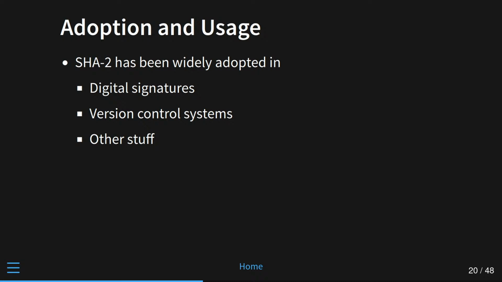The 2 things I'm going to point out that this has been used for in practice: when I taught SHA last time, it was in a Bitcoin class, so it's used in Bitcoin. I don't know if you care. 512 is not used in Bitcoin. 256 is used in Bitcoin. Both 512 and 256 are used in digital signatures, which is the example I just showed you with Ubuntu, and they're used in version control systems. So Git uses these.